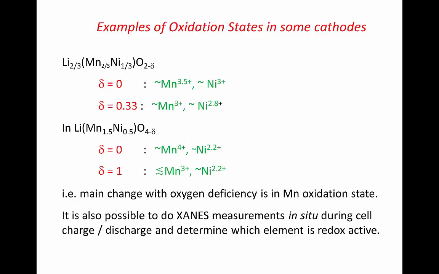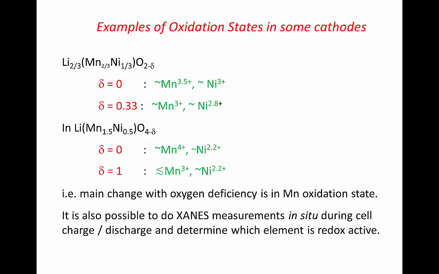And using techniques such as this, the next slide just shows some examples of oxidation states in some of the cathodes. We don't need to go through them in detail. These are for lithium, manganese, nickel materials. The first one is a layered rock salt, and the second one is a spinel.